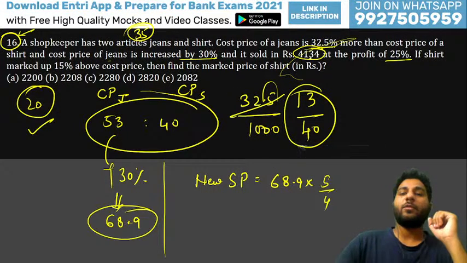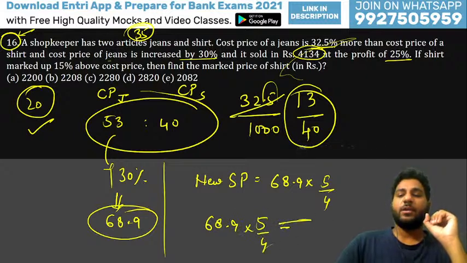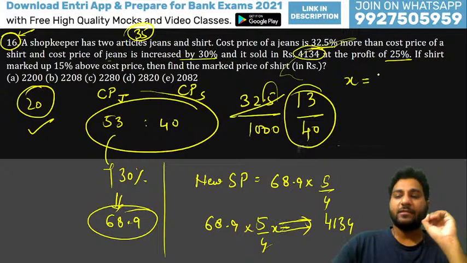Why 5 by 4? Because it will become 125%. You don't need to solve the whole thing. It must be equal to 4134. After that you will get the value of x as 48.